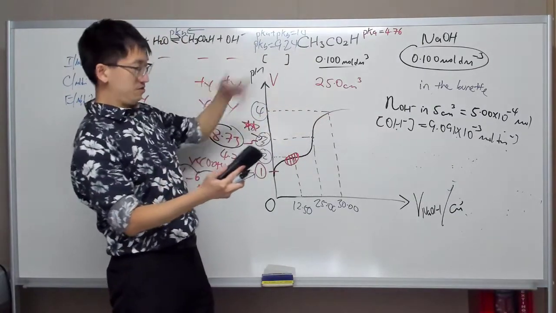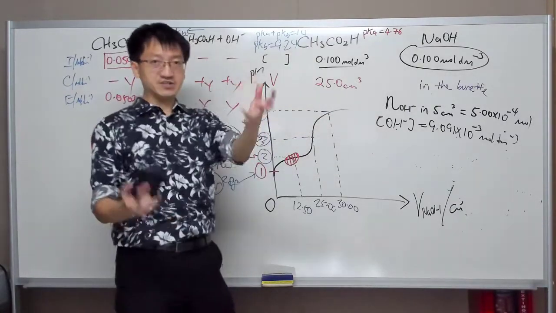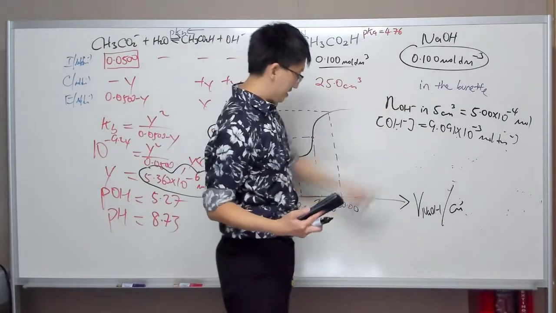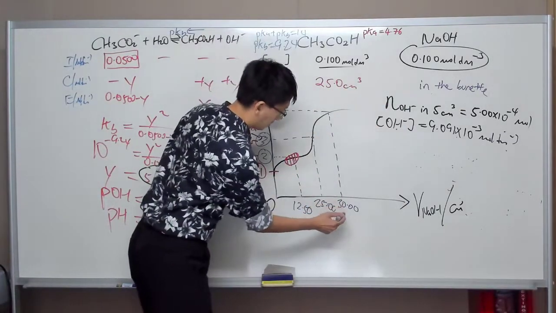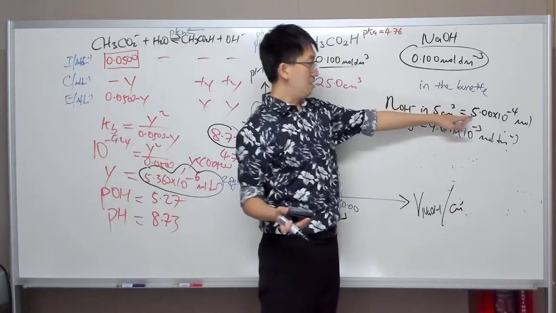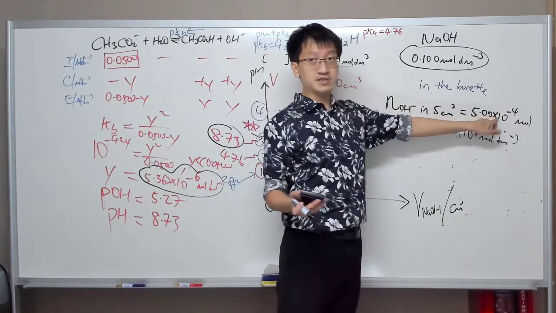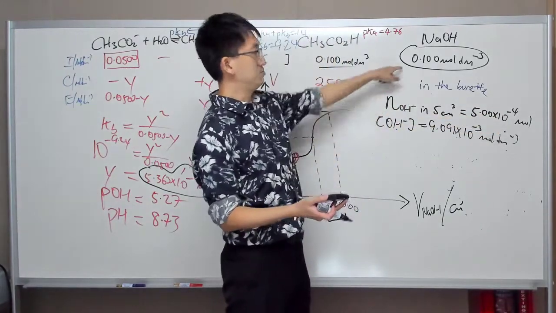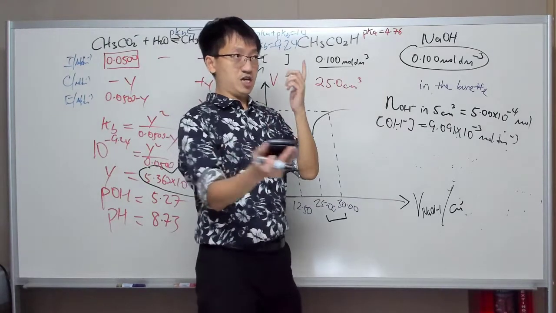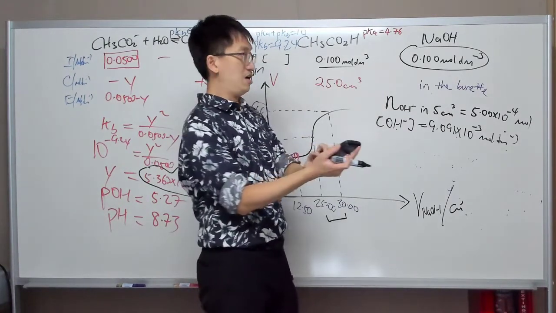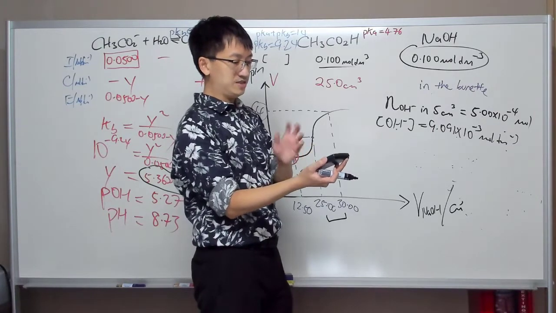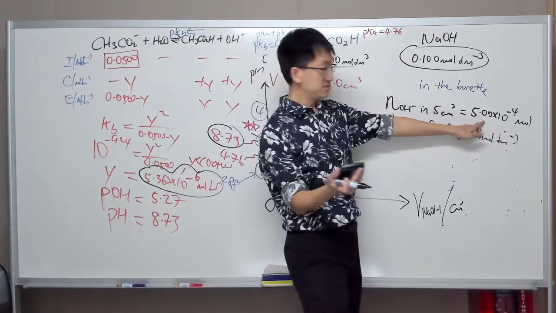If you are confused, let's try again. The amount of excess OH minus, between here and here, in 5 cubic centimeters, is actually 5.00 times 10 to the power minus 4. How do we do that? Basically, you take the original concentration of sodium hydroxide and divide by 1000 to find out how much is in 1 cubic centimeter, then how much is in 5 cubic centimeters. So this is the amount.